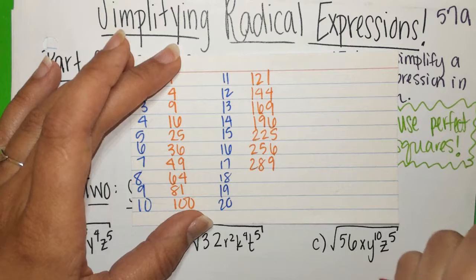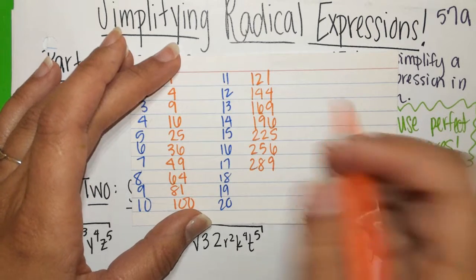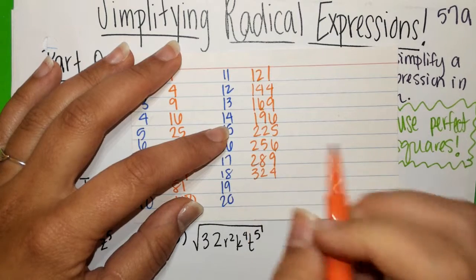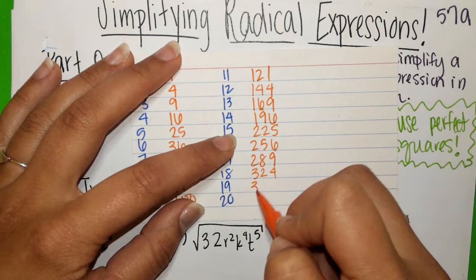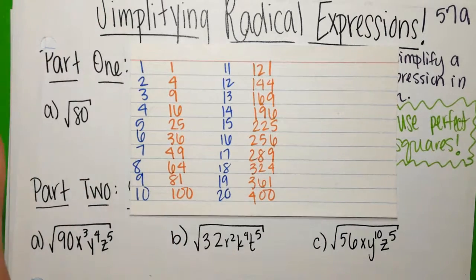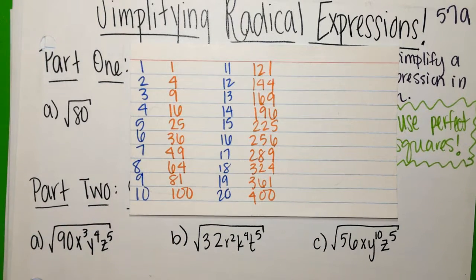Somebody do it and make sure I'm right. And I know 19 squared is 361, but make sure I'm right. And what's 20 squared? 400.